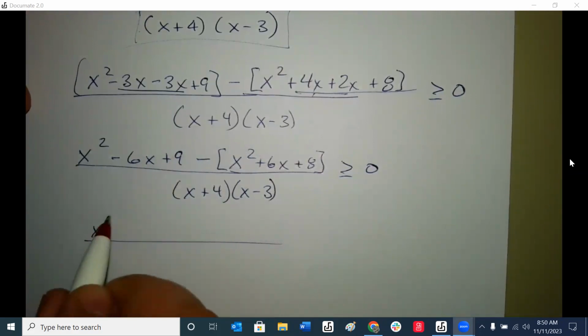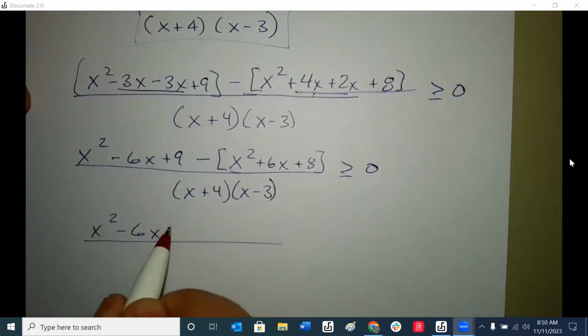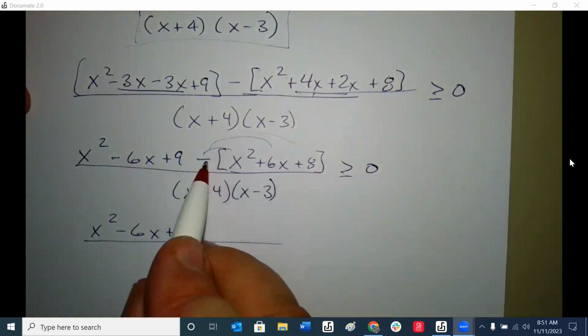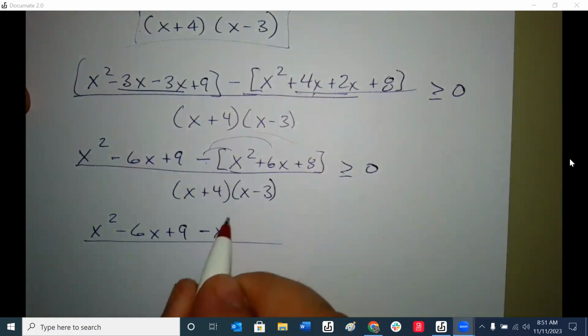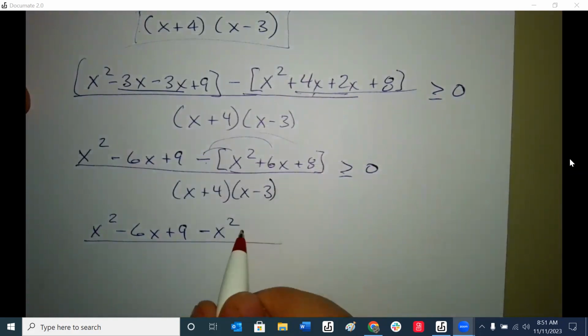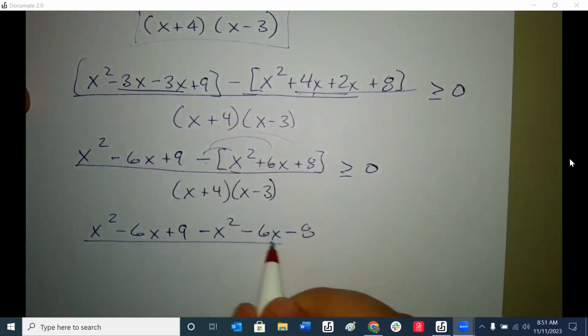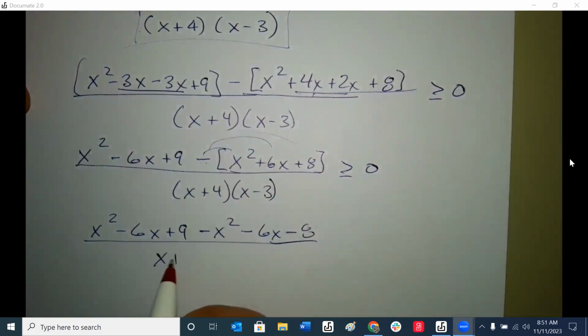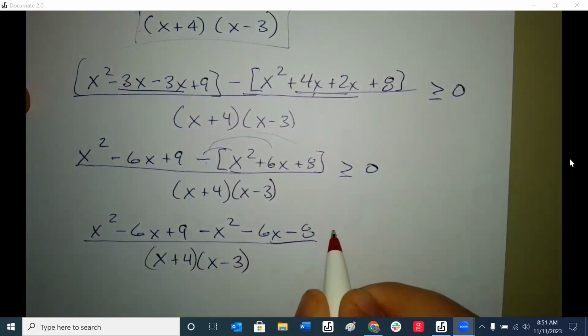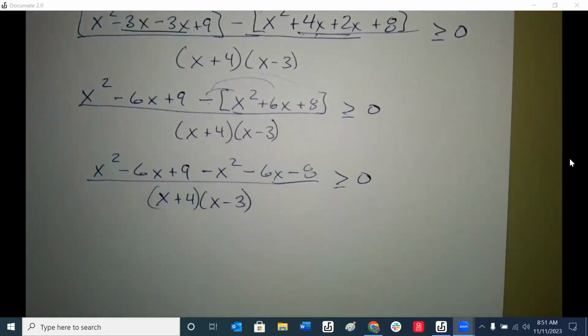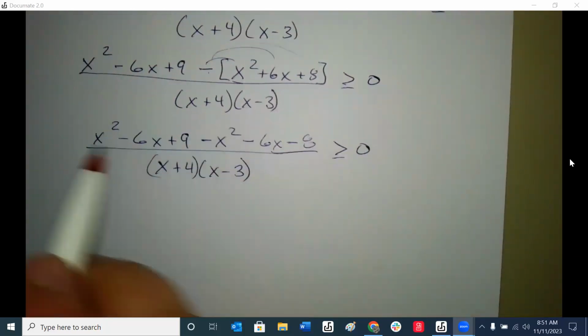And leave the first one alone. Now distribute that negative to everybody. So negative times positive is negative x squared. Negative times positive is negative 6x. Negative times positive is negative 8. It's still greater than or equal to 0.